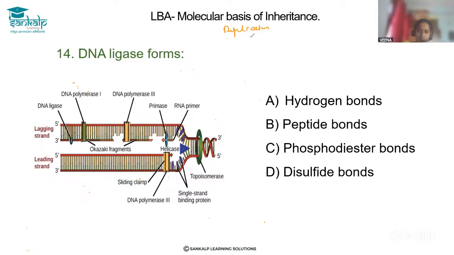One is DNA helicase. It helps to separate the strands. And then DNA polymerase, a polymerase enzyme which adds nucleotides and primers.